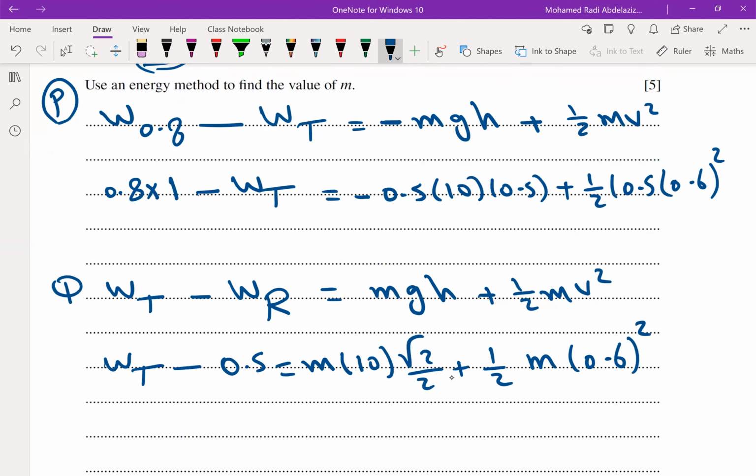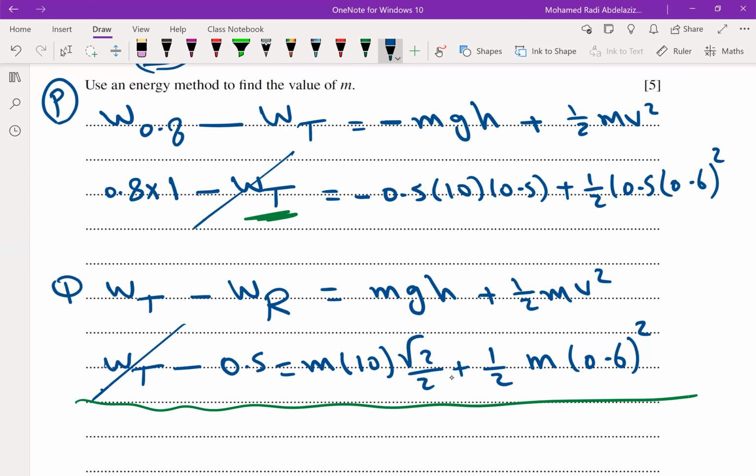When we get the equation of the system, you can calculate the work done by tension from the first equation and substitute in the second equation. Or if we add the equation of particle P and the equation of particle Q, you will get the equation of the system by removing the work done by tension.